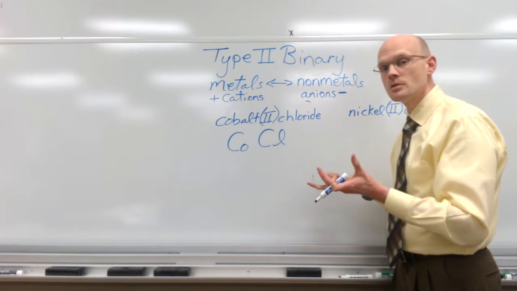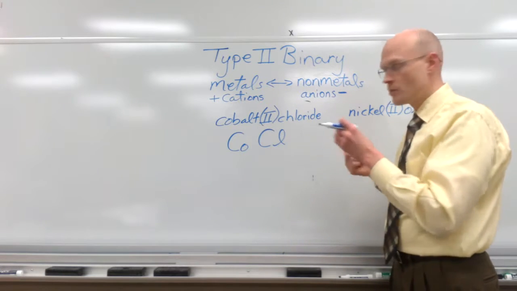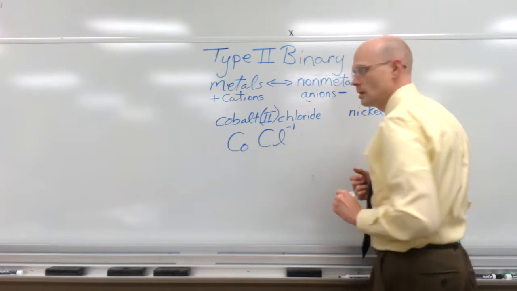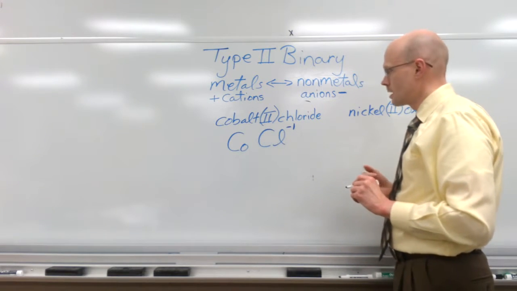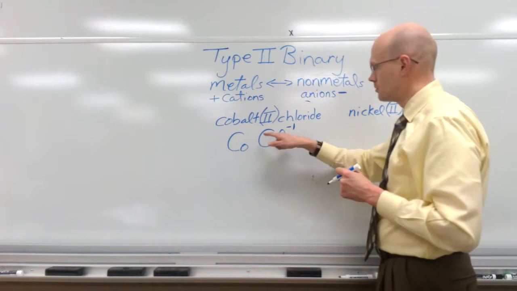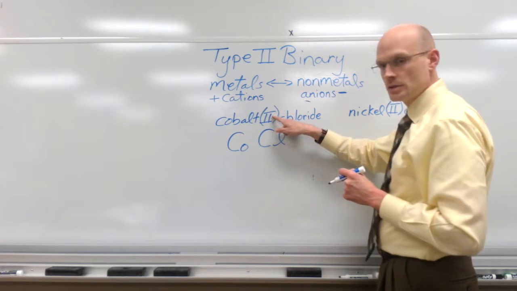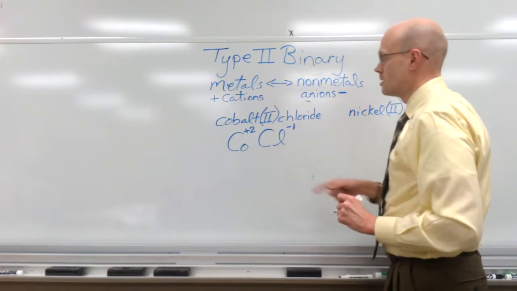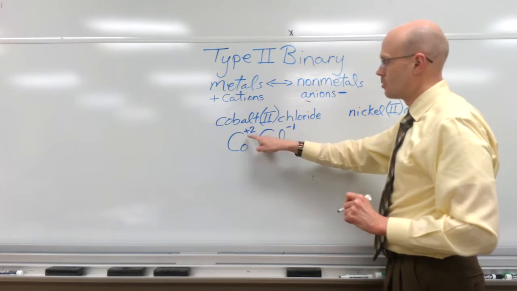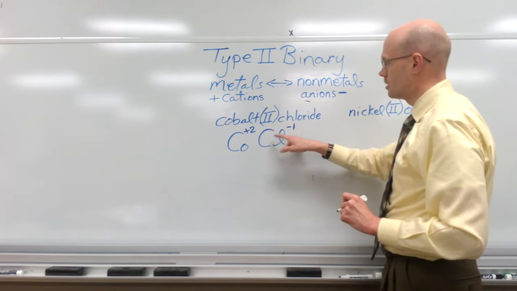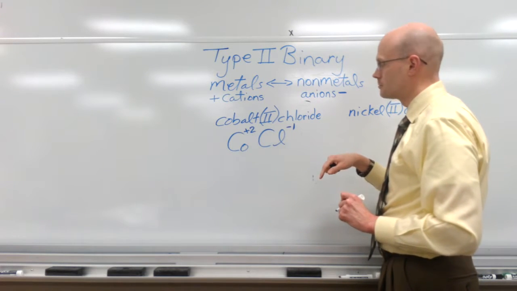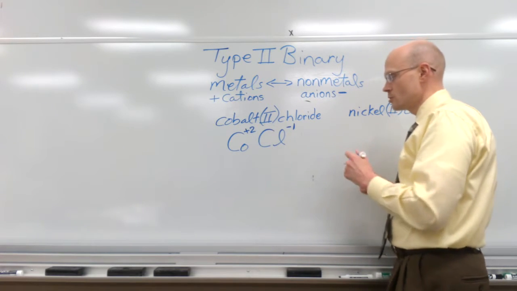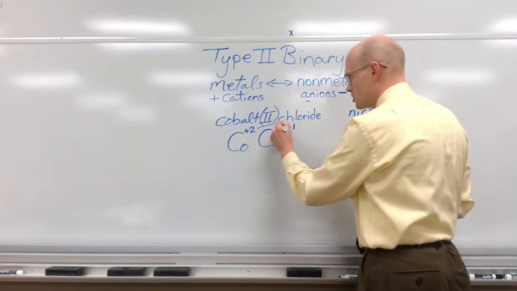But we need to represent their charges so that we can determine that proper ratio. Chloride carries a -1 ion charge. Cobalt is a transitional metal. The Roman numeral tells us it's carrying a +2 charge. Those are our two ions, the cobalt +2 and the chlorine with the -1 to be the chloride ion. To get the proper ratio so that charge neutrality occurs with the compound, we again do the crossing over.